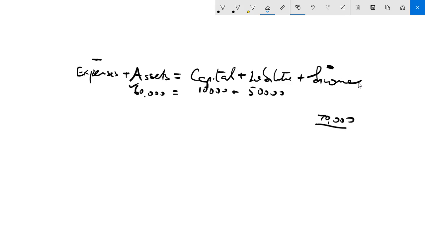Let's look at a scenario where you don't actually pay for the goods, but you acquire the goods. I mean, this happens regularly. We buy goods on credit. So imagine you buy £60,000 worth of goods on credit. So no money has left the bank. We don't have that scenario.